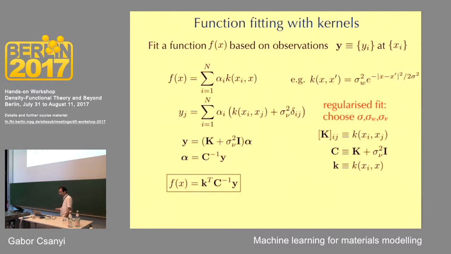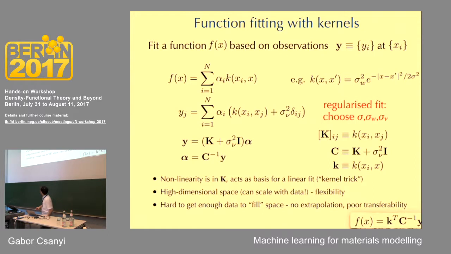The functional form that you get out of this, in the end, is just plugging the alpha back into this. Basically C inverse y is the alpha, and it's a dot product between that and this kernel vector, which is the evaluation of your basis functions at the new point x that you're asking what the function is.